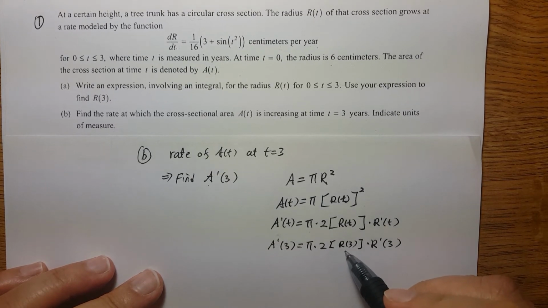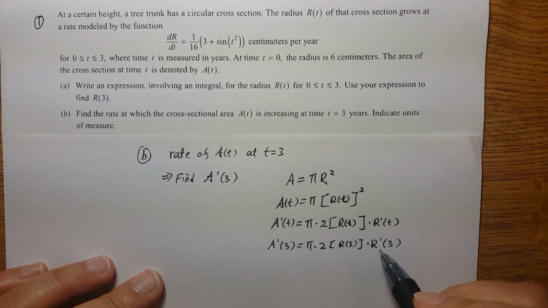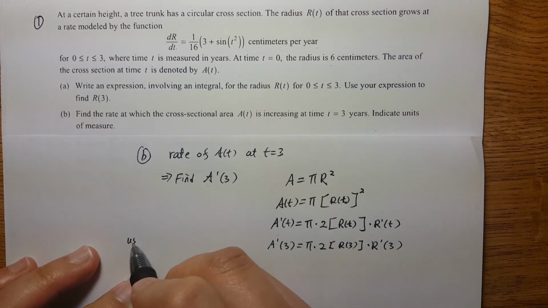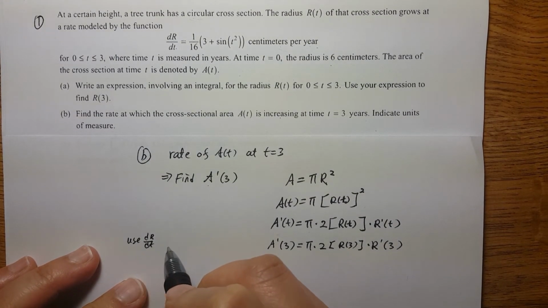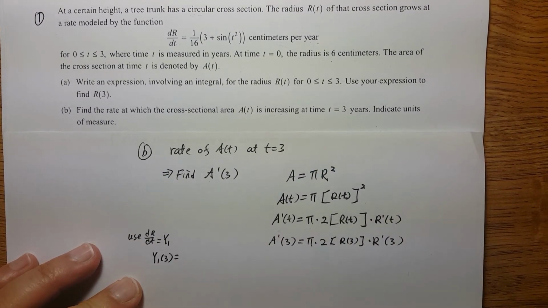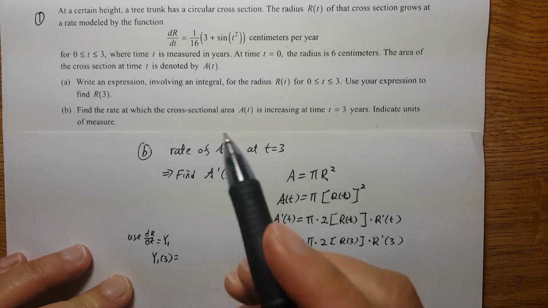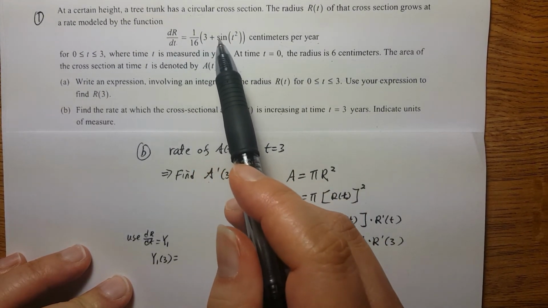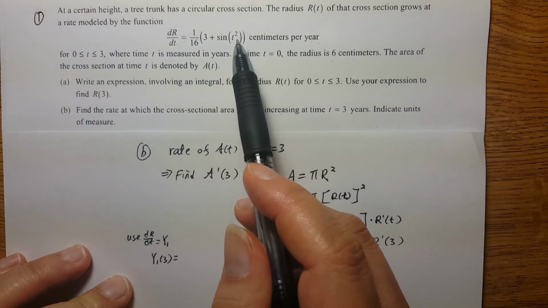We already found R(3) in part A, so we just have to find R prime of 3. To find R prime of 3, you use the R'(t), which is your Y1. So you do Y1 of 3. In other words, you substitute 3 into this function: 1 over 16 times (3 plus sine 3) squared.